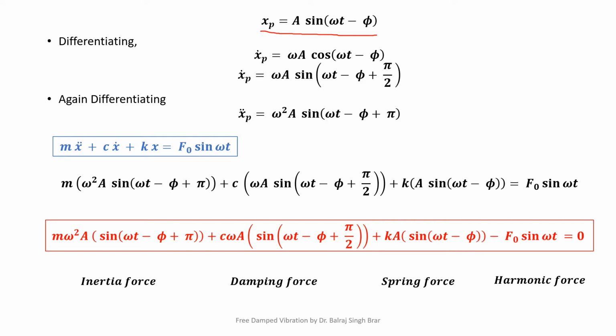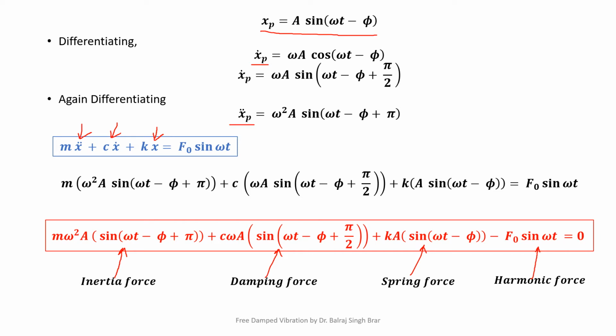On differentiation, velocity xp dot becomes like this, and differentiating again, acceleration xp double dot comes like this. We substitute acceleration xp double dot here, velocity xp dot here, displacement x here. We solve this, and we get the four forces balanced like this: inertia force, damping force, spring force, and harmonic force.